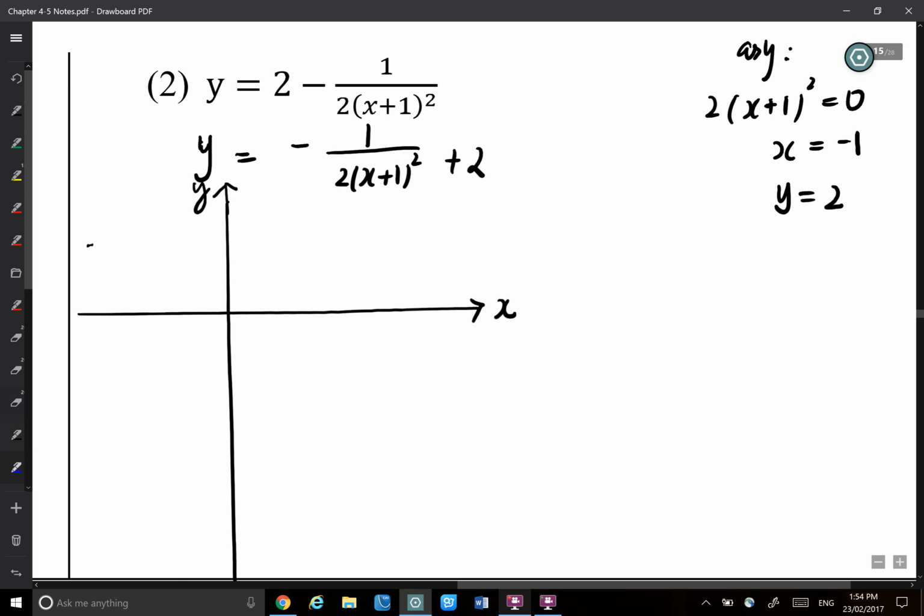We have x equals minus 1 and y equals 2.